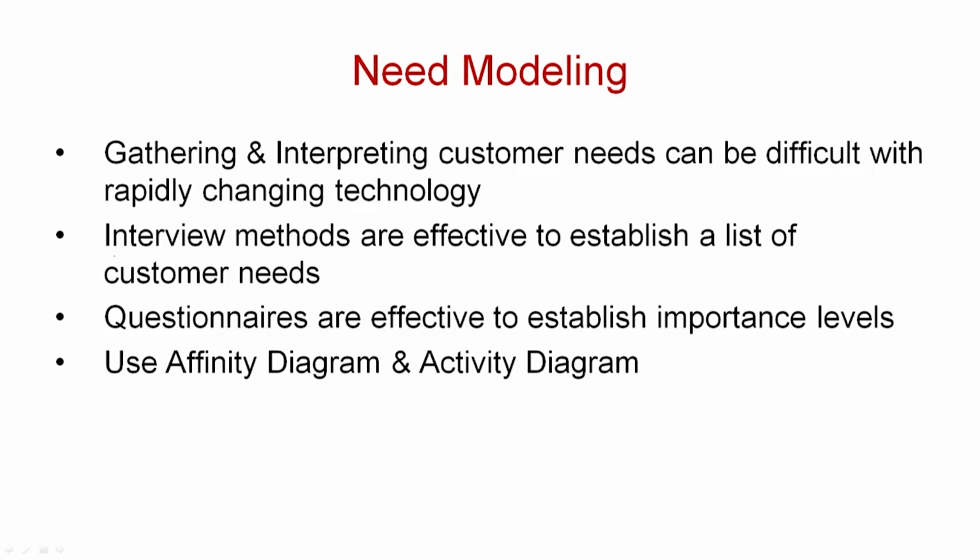Sometimes we do it through interviewing methods to establish a list of customer needs. Sometimes we use questionnaires and then later create an affinity diagram and activity diagram. These are regular processes of product design. Hence, I will not go into the details. You should look into any basic textbook of product design for these two terms.